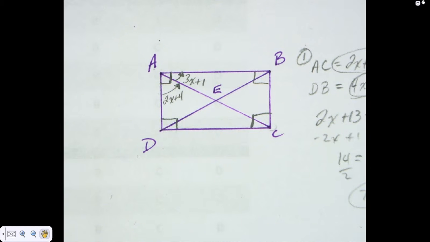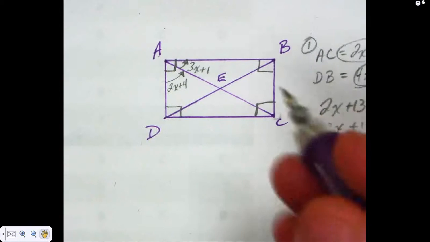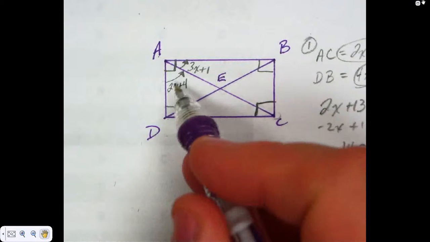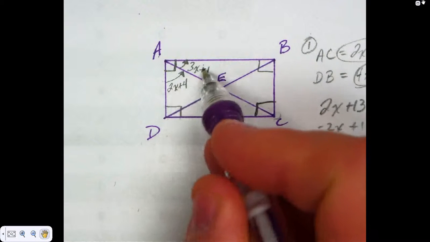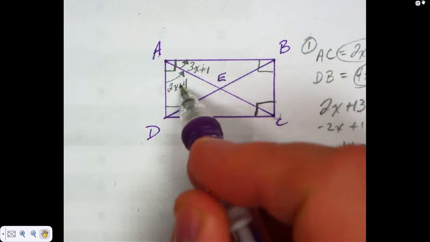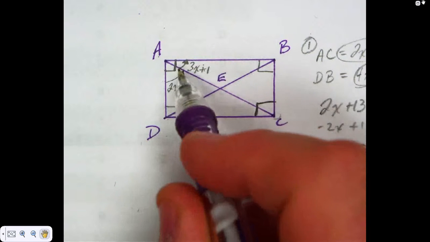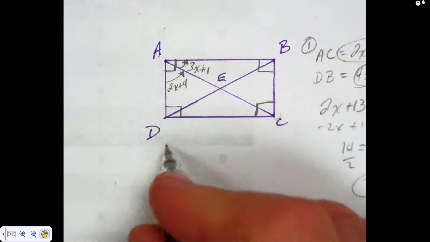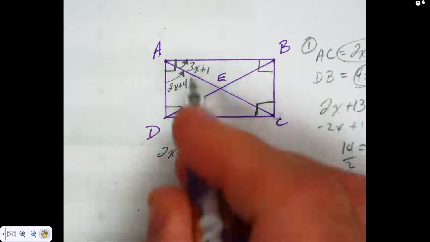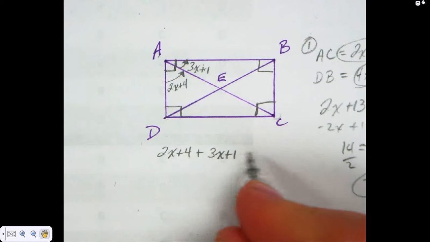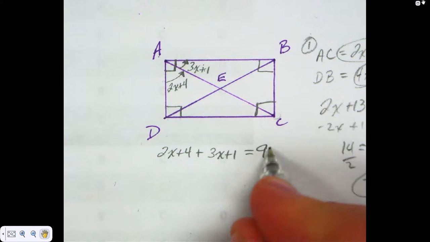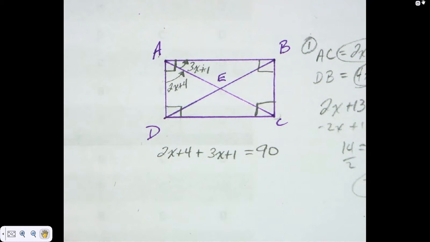Because you can write an equation now with that. What would my equation be? How does this help me? These represent these two smaller parts, right? Yeah. What do these two smaller parts make as a whole? What do they make together? They make 90 degrees. So my equation would be this angle, 2x plus 4, plus this angle, which is what? 3x plus 1 equals what? Just using the facts given to you.